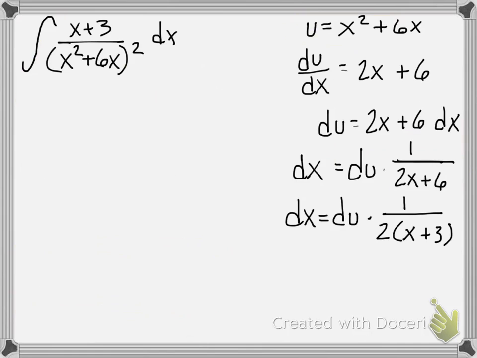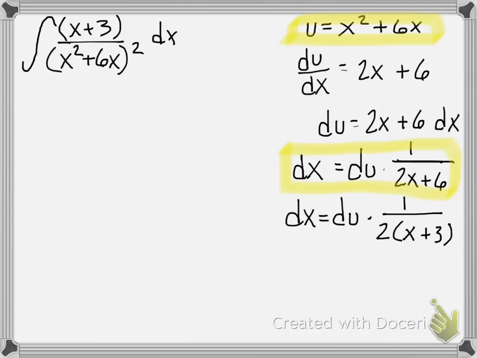Okay, so here's one more quick example. We're wanting to integrate x plus 3 over x squared plus 6x, squared, dx. And over here on the right side, I've already set out the u. And coming down, found the dx. And so dx would be equal to du times 1 over 2x plus 6.